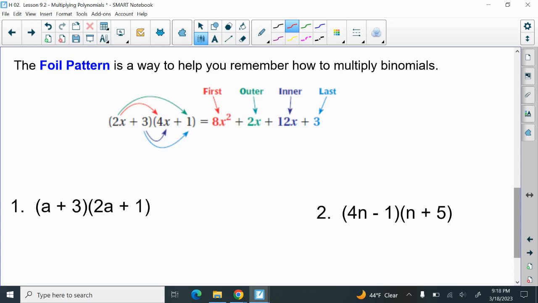Then I multiply the inner terms, which are 3 and 4x, and then the last terms, which are 3 and 1. So you don't necessarily need to remember what that pattern is. We just call it FOIL. I would suggest using the arrows like they have here to make sure we're multiplying each term where it needs to be multiplied.